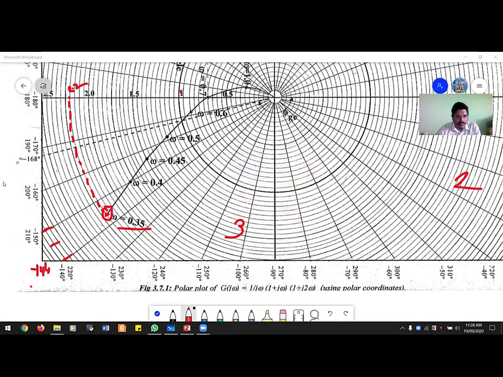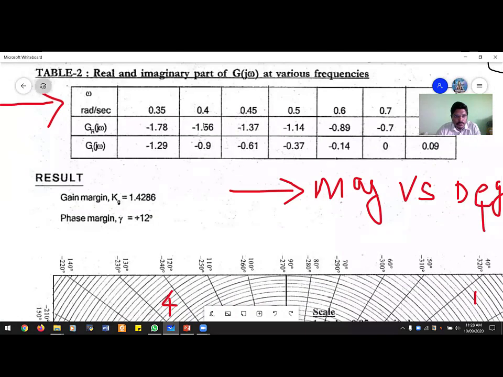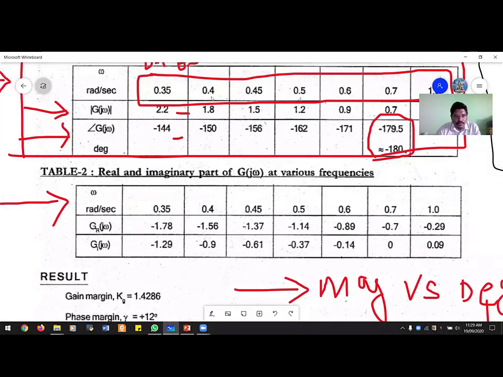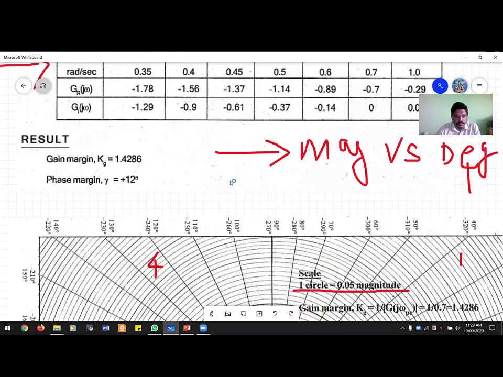Next thing I am showing, next we have to see the frequency, and the frequency value is 0.4, the magnitude value is 1.8 and the phase angle value is minus 150.